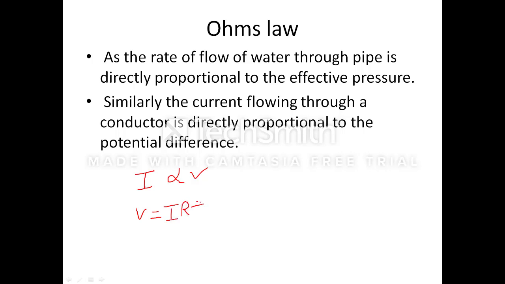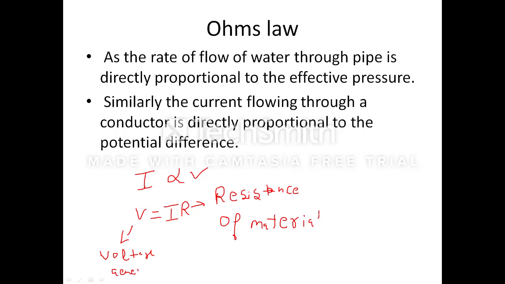where R denotes the resistance of material, V denotes the voltage across them, and I denotes the current flowing through it.